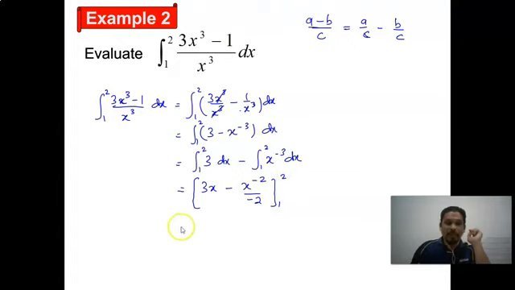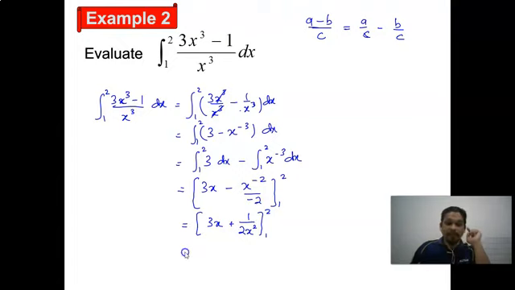Meaning we are going to substitute all the x's with 2 first. If I simplify this, 3x minus negative with negative comes out positive, 1 over 2x squared, from 1 until 2.